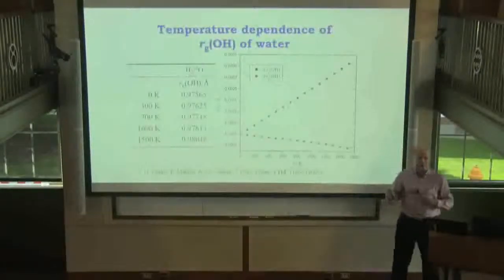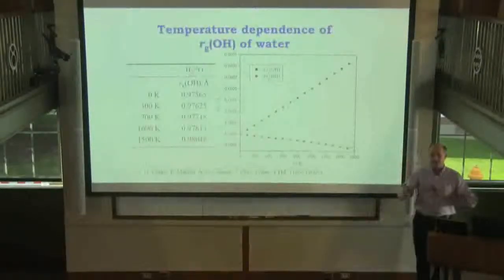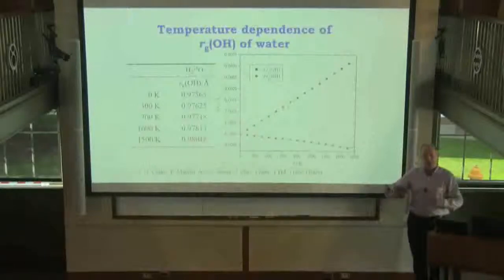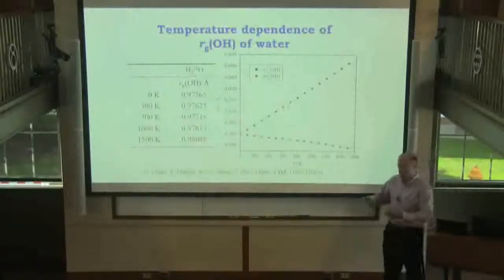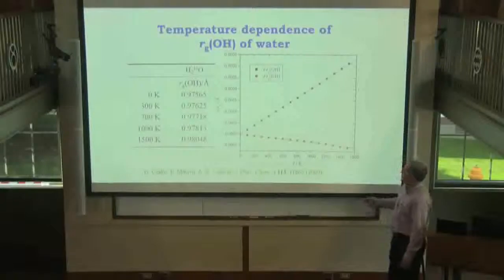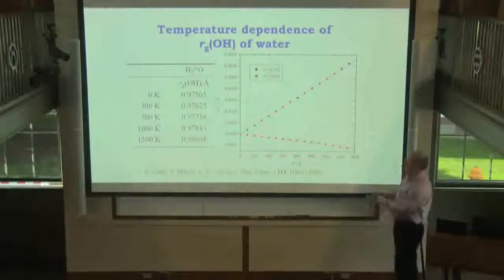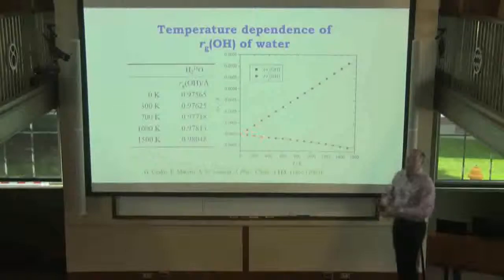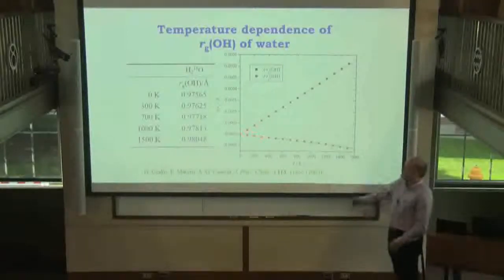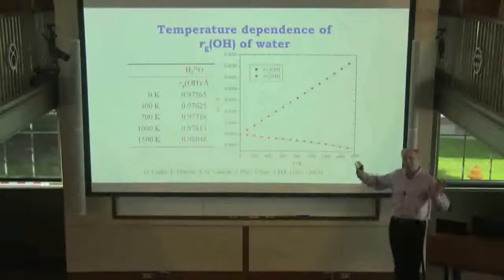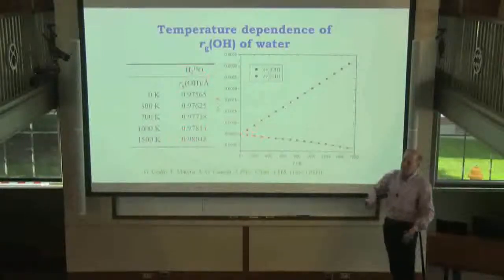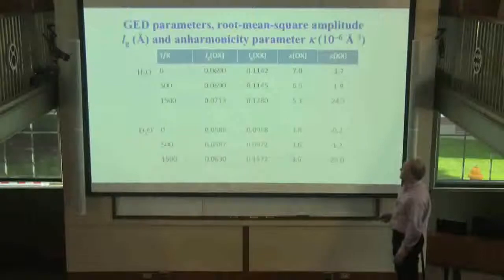Now, to do this averaging, you not only need to consider vibrational averaging, but the full rovibrational averaging. So that's a rather expensive thing. The good thing is that if you do the rotational part, then the temperature dependence is perfectly linear, so you need to do only a few J's, you get the slope of this, and then you extrapolate in temperature, and you can come up with structural parameters at any temperature, in principle for a simple molecule for which you have a highly accurate potential energy surface.